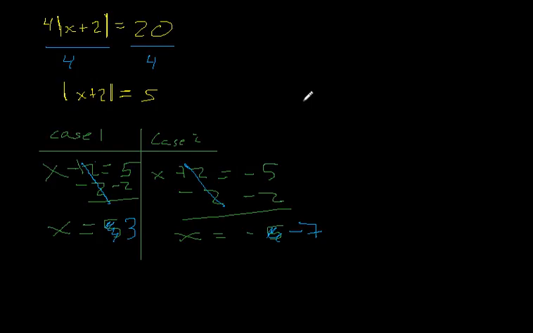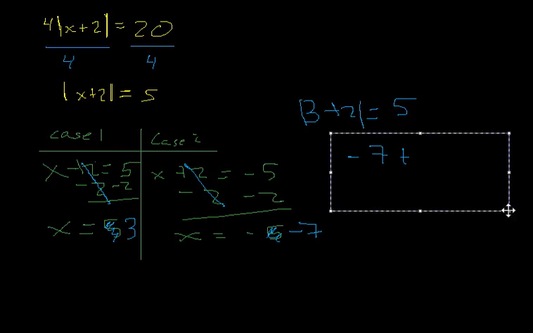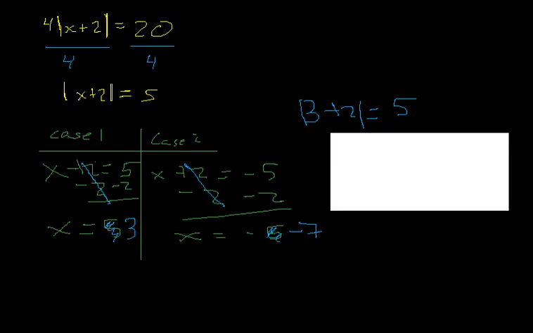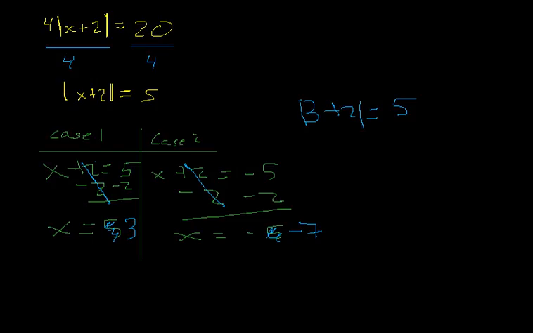It'd be the absolute value of 3 plus 2 equals 5, or negative 7 plus 2 equals 5. Now you've got to make sure that it's in absolute value form.